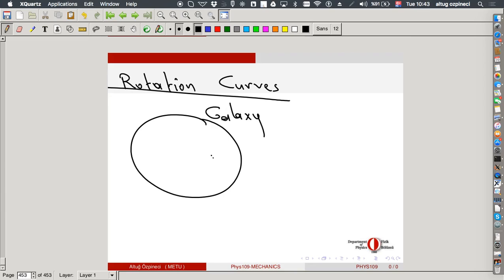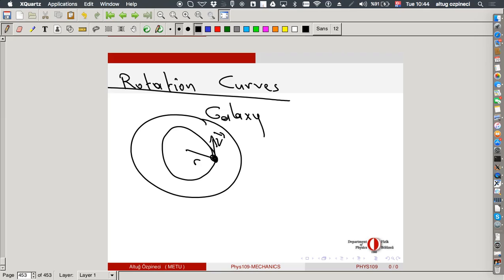Now, this is our galaxy. Let's just imagine some star over here at a distance r. It is rotating around the center. Well, the orbit is more or less circular. It's almost circular, as it's going around the circle. This is its speed. It goes with a velocity v.